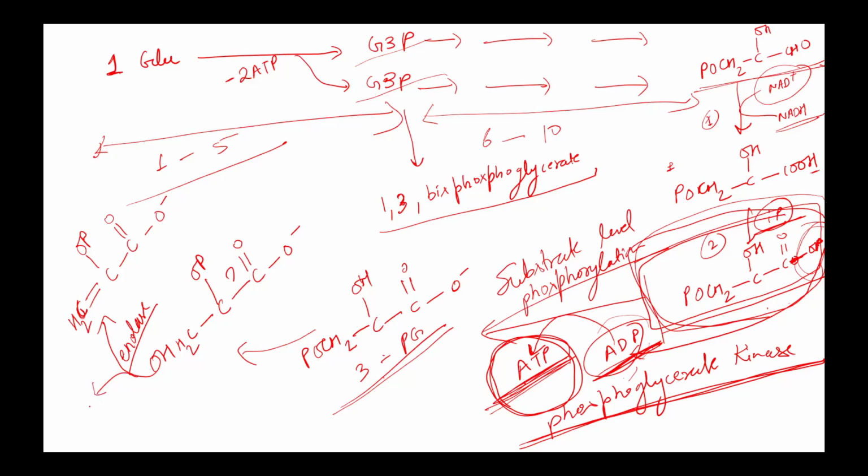Here the water molecule is being produced, and we get phosphoenol pyruvate, which has a very high energy enol phosphate group, and that phosphate group yields another ATP via substrate level phosphorylation. Another ATP is produced at this step, and we get our pyruvate structure.